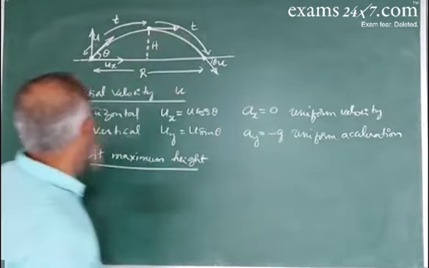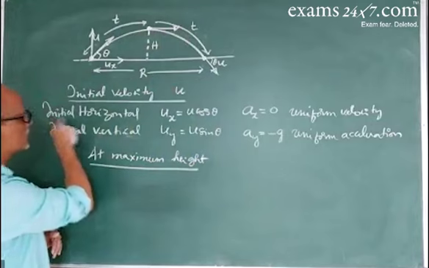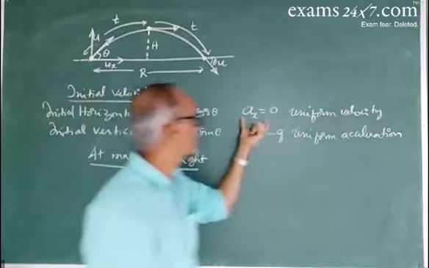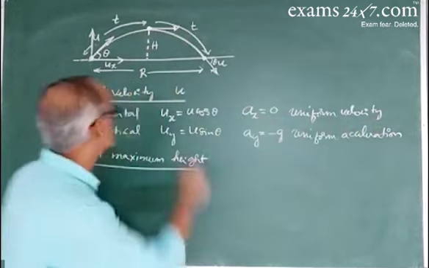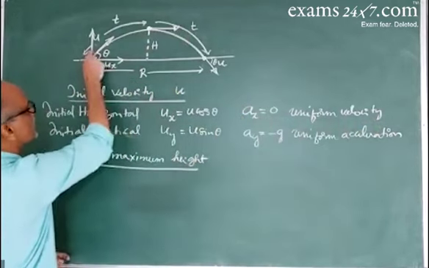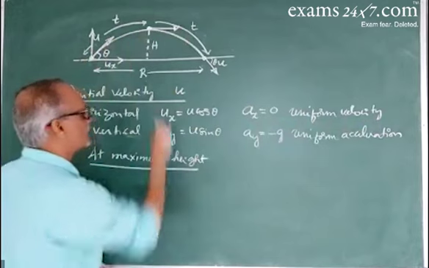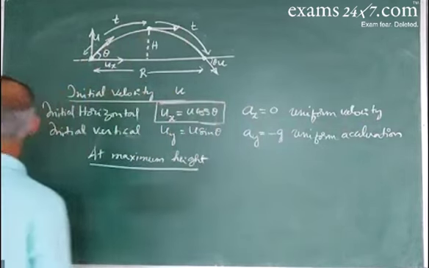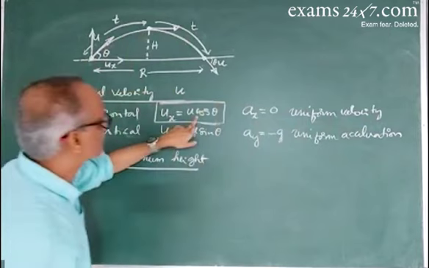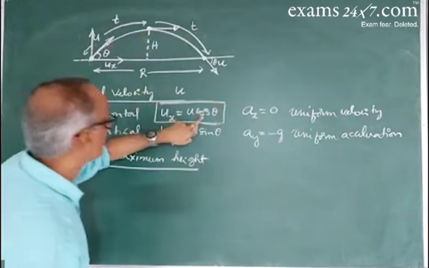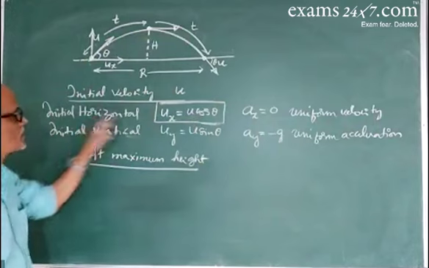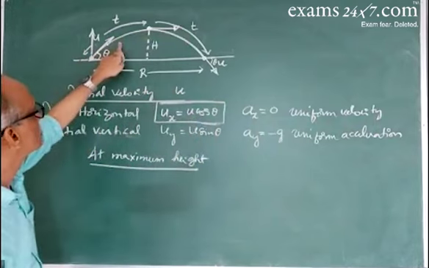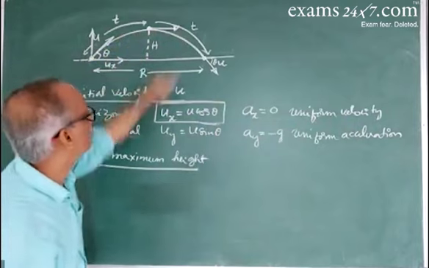Since we already know that along the horizontal the body moves with uniform velocity, there is no acceleration. So the velocity along the horizontal at each and every point is always u cos theta. This is one of the important points which you have to remember. This u cos theta is not just the initial horizontal velocity, but the velocity along the horizontal at each and every point.